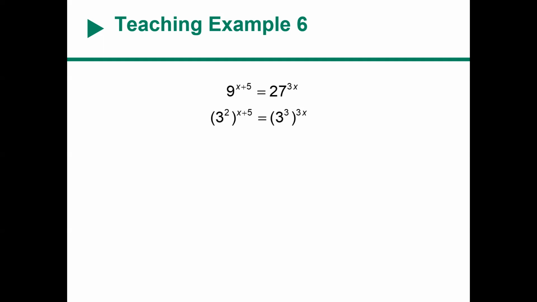And we're going to use our power rule. And so our power rule says that I'm going to multiply 2 times x plus 5 and 3 times 3x. And now my bases are the same. And so all I have to do is focus on my powers. So that's setting 2x plus 10 equal to 9x.